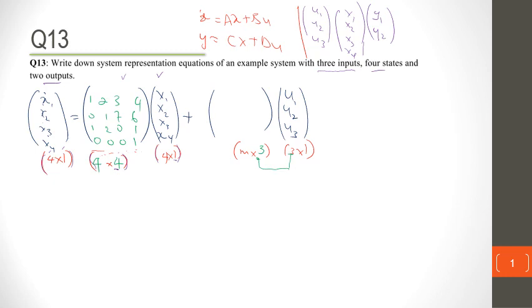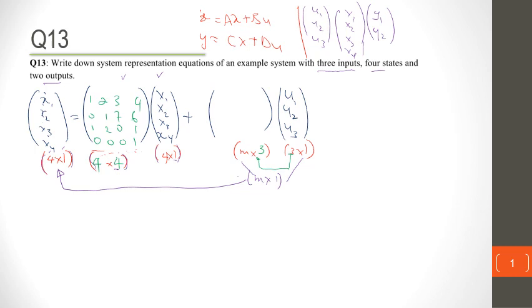But the result of the two multiplications is going to be m by 1. For this calculation to make sense, so that we can add this to equal that, this has to be the same as that. So this result has to be 4 by 1.